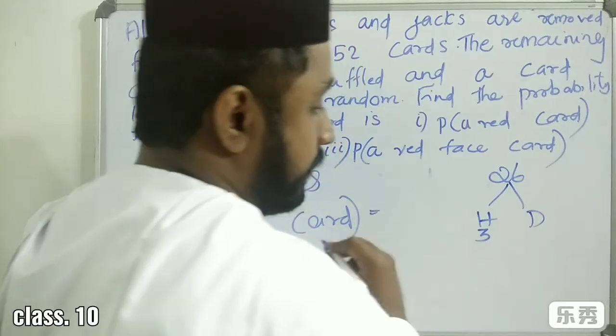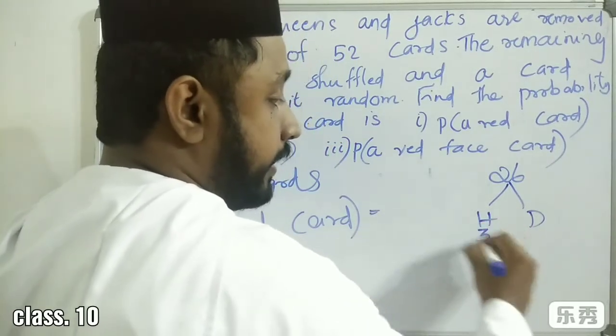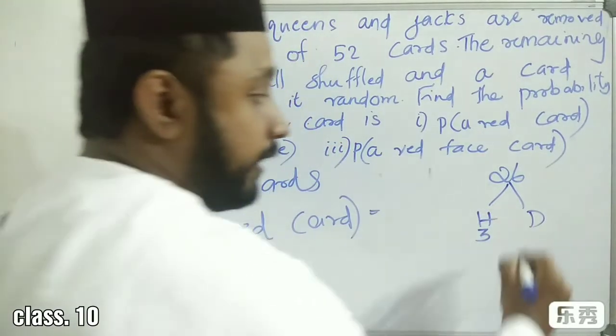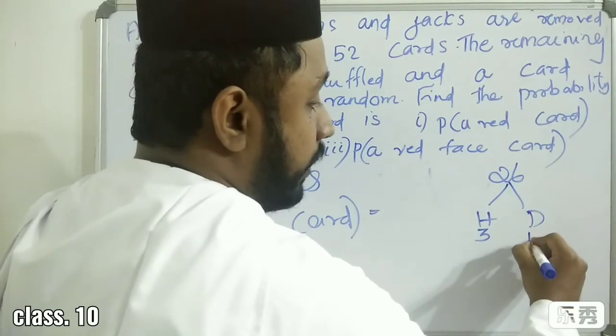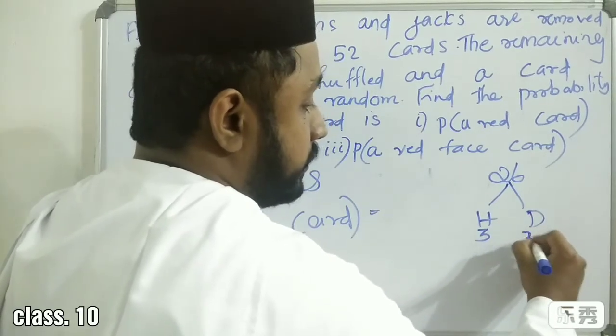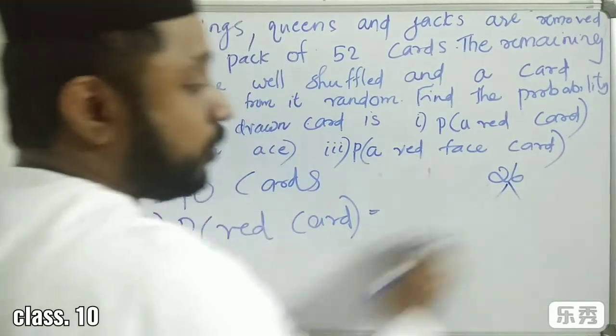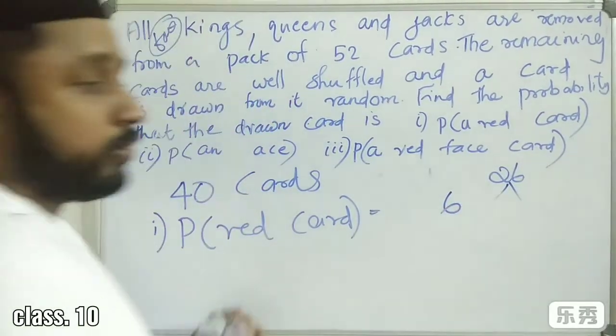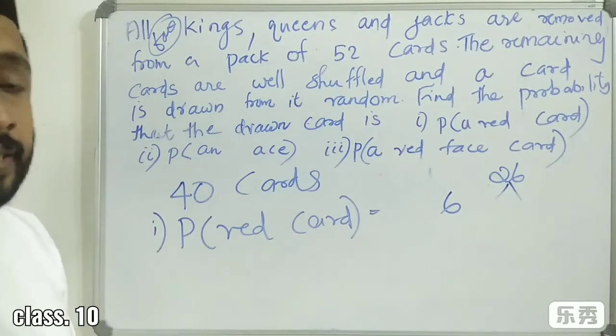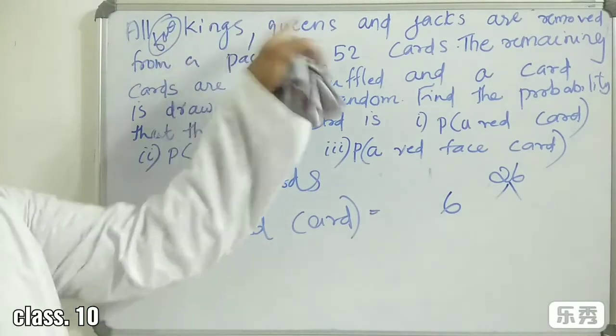In heart, 3 face cards means 1 king, 1 queen and 1 jack. In diamond also 1 king, 1 queen and 1 jack. So 3 plus 3, 6 cards removed. So actually 26 red cards are there, 6 removed.